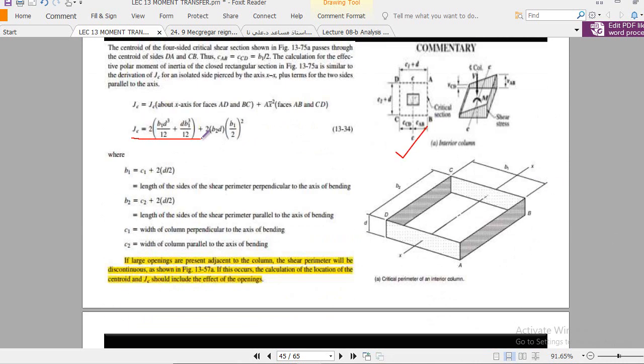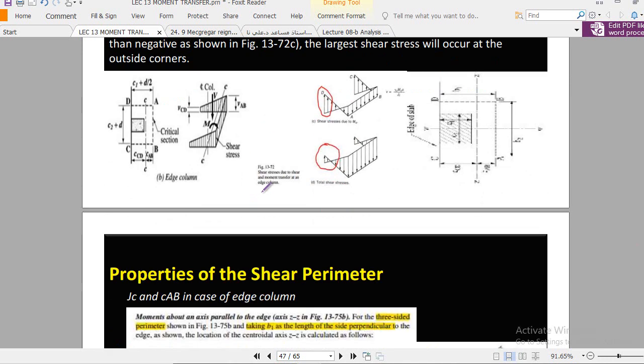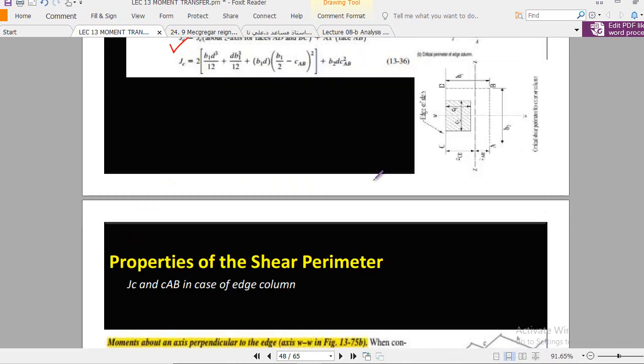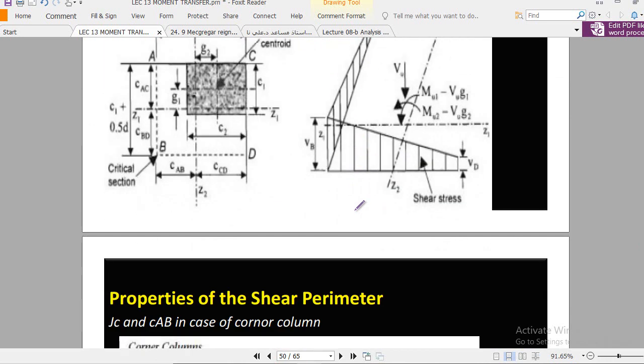You see here the formula and how to calculate CAB and CCD in this case. Similarly, in the case of an edge column, how to calculate your CAB and JC. We already discussed this in lecture number 15. And similarly, in the case of the corner column, how to calculate your CAB and JC, right?